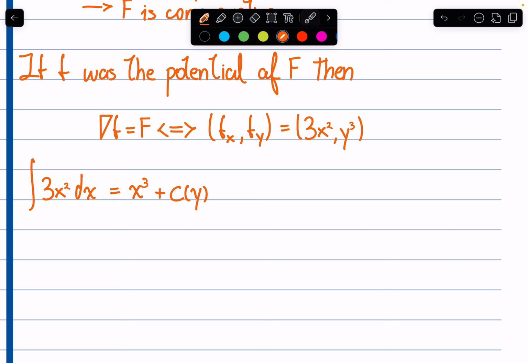Then we should differentiate this entire expression, but be concerned especially about the constant function in terms of y, and see how it could match up with the other term. This is our candidate for the potential.